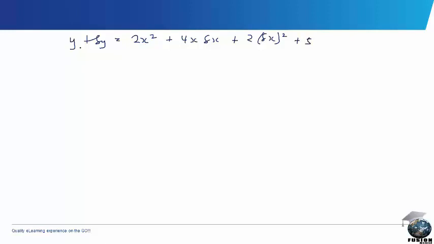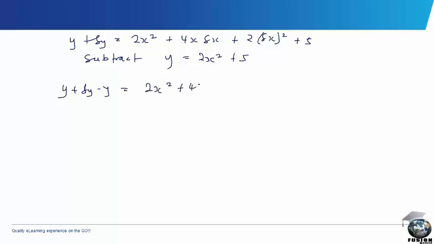The next step means that we subtract the original equation from both sides. The original equation was given as y equal to 2x squared plus 5. From the y side we subtract y, and from the other side we subtract 2x squared plus 5.